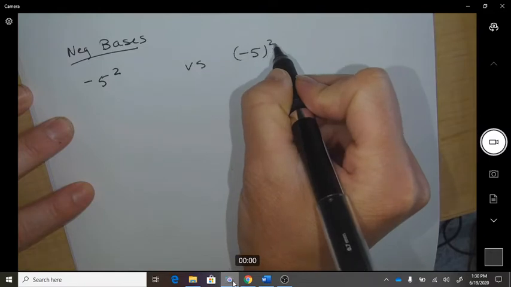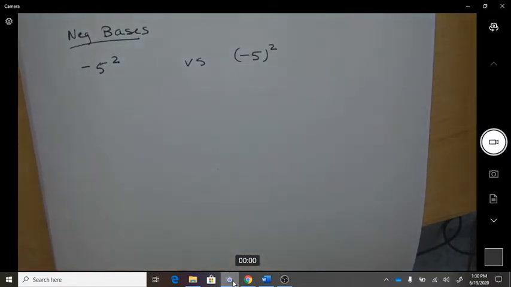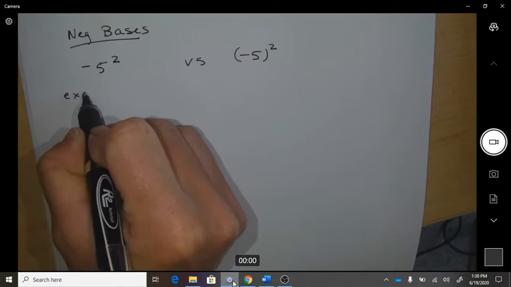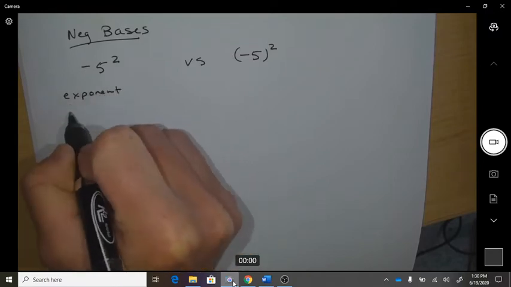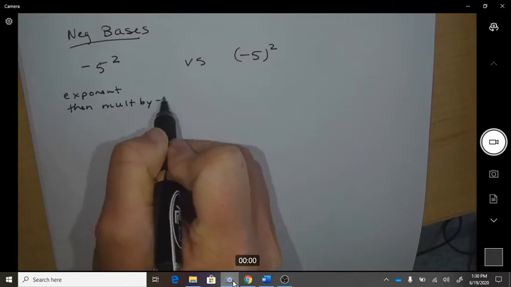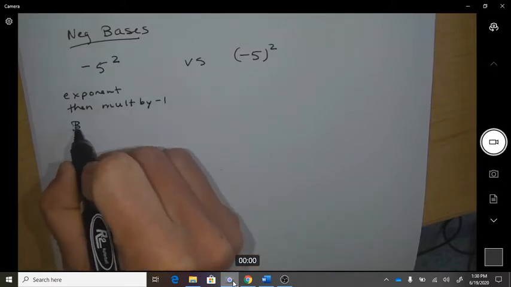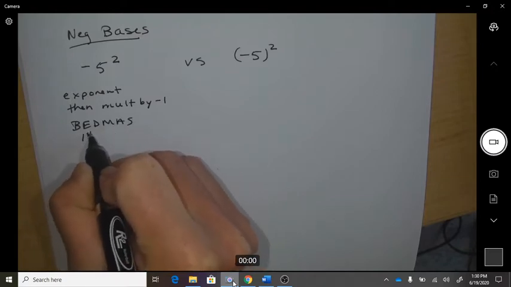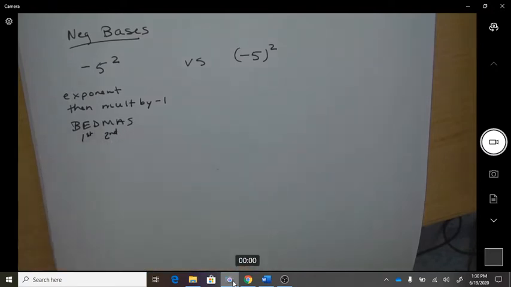We've kind of talked about this briefly before, and there's a difference between these two expressions. So this one is telling me to do the exponent, then multiply by -1. It's saying to do that first and then that second.